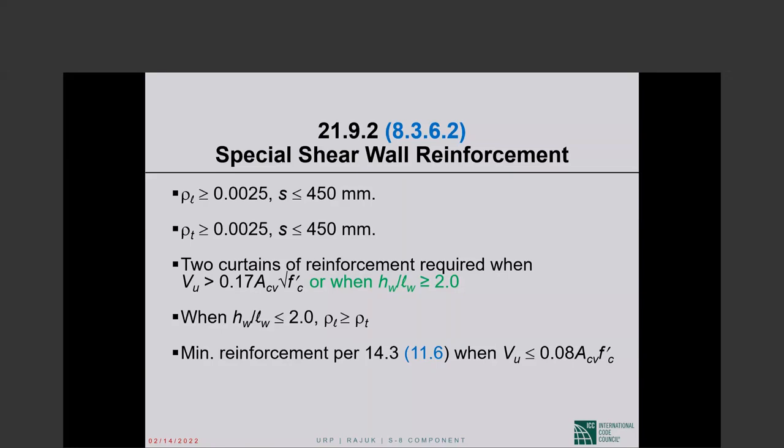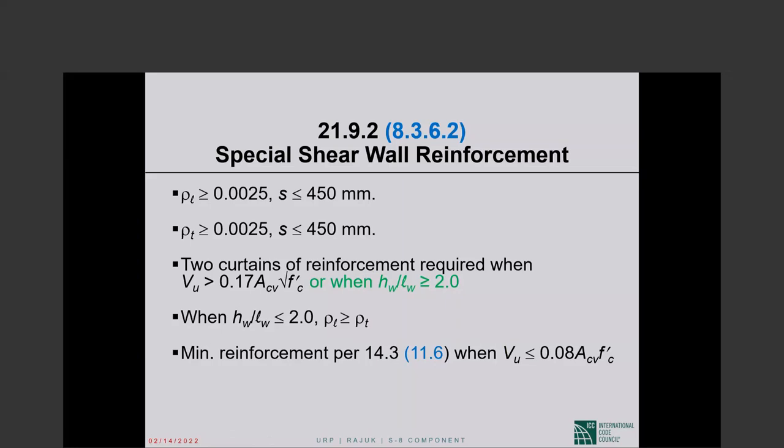Finally, if the shear is very low, lower than 1 square root of f sub c prime in our units, then the horizontal reinforcement is really not shear reinforcement. It is more like shrinkage and temperature reinforcement.